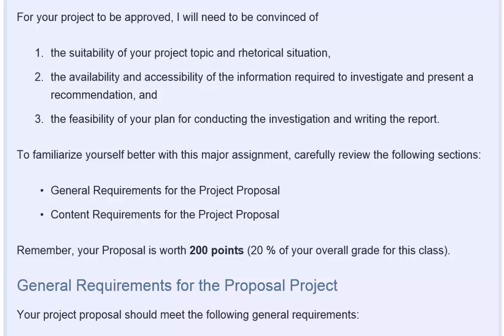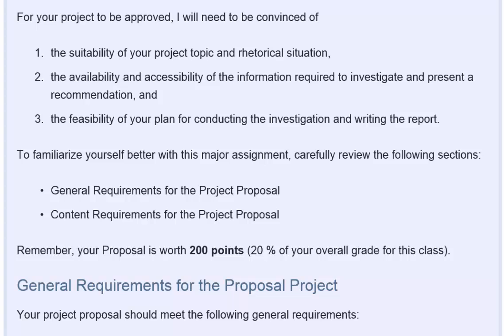By the time you submit your proposal, however, it will be too late for you to completely start over on your recommendation report project. You should begin working on the recommendation report right now as you begin planning the project for the proposal.